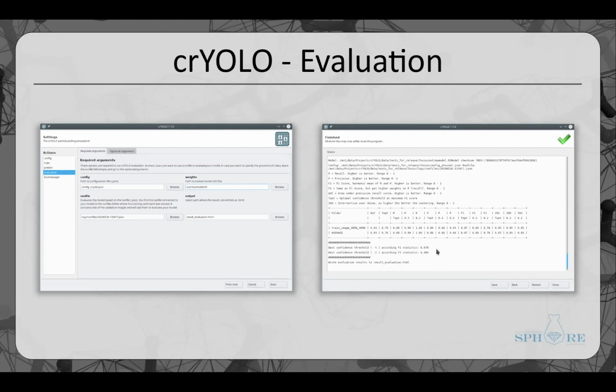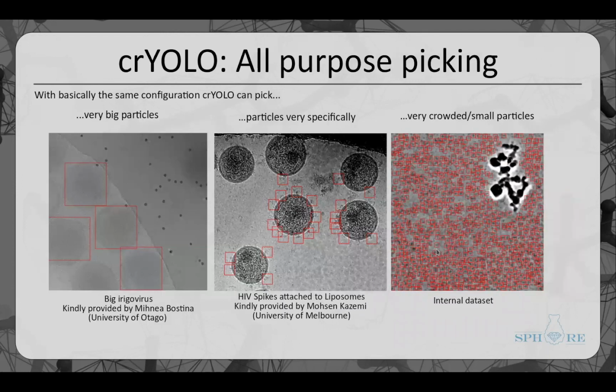Okay, now let's look at a couple of examples. What I really like about crYOLO is that with the configuration that I just explained to you, you could have trained all sorts of projects. You could have trained a model for picking very big particles like these viruses here, or a very crowded example like here.